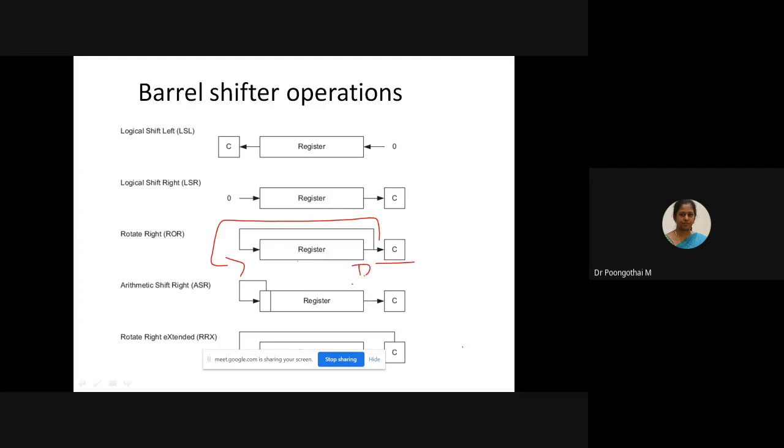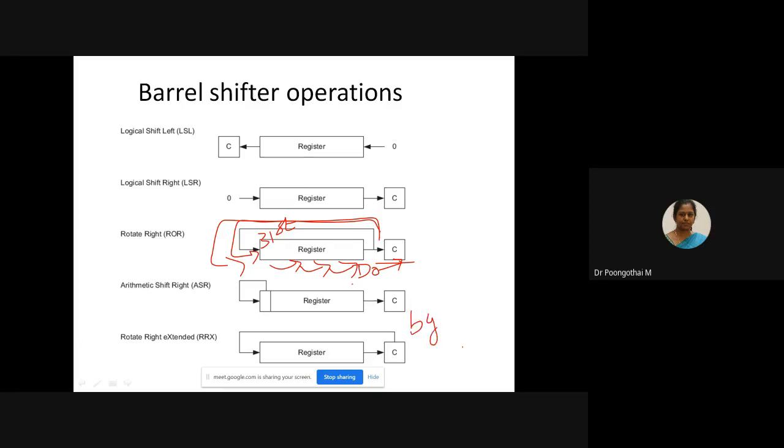Your D0 is copied into carry, and again your D0 is placed in the D31 bit, and bits are rotated towards the right direction. Rotate right extended rotates the number to the right by one place. It is encoded as ROR with 0.